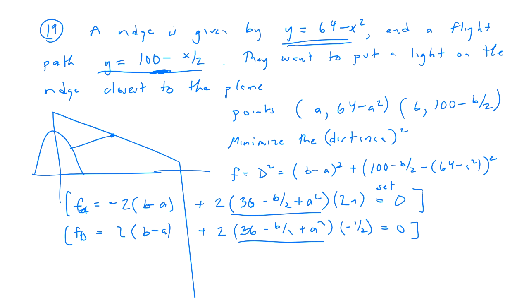So if I multiply this by 4a and add 2, then this second term is going to cancel. Because I have 4a times what's in the parentheses minus 4a times what's in the parentheses.